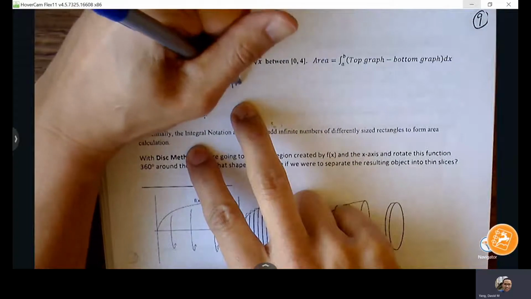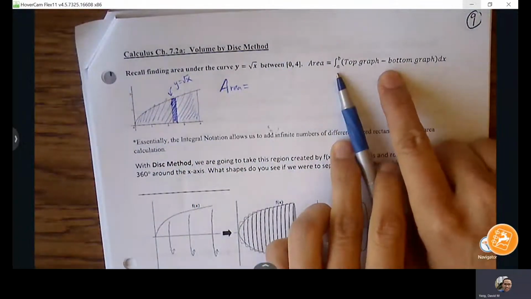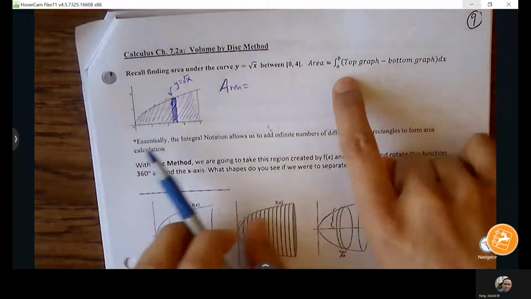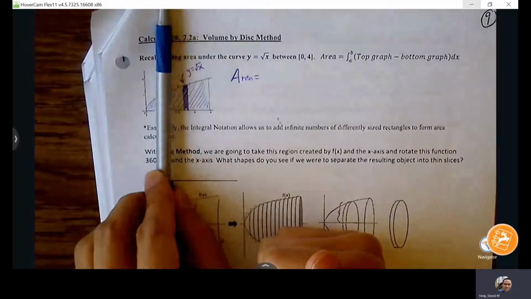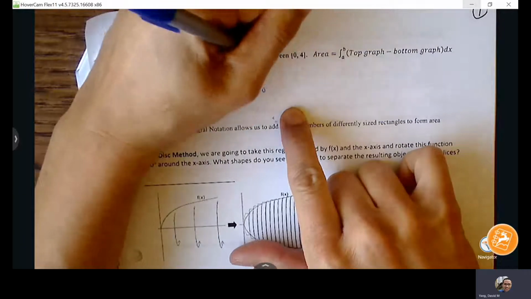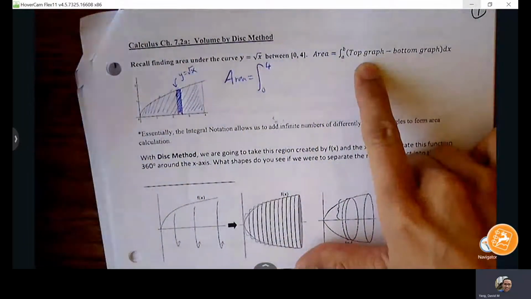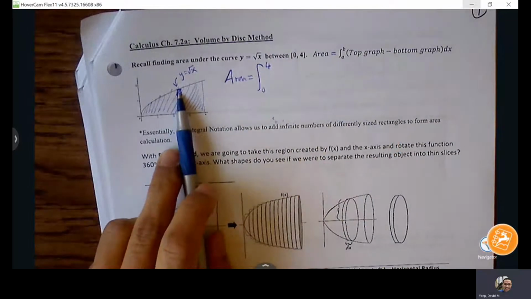Area is top minus bottom. What are the bounds going to be? 0 to 4, right? X values from 0 to 4. As far left as you can go and as far right as you can go. Top graph, we ask ourselves, what is the top of the rectangle touching?